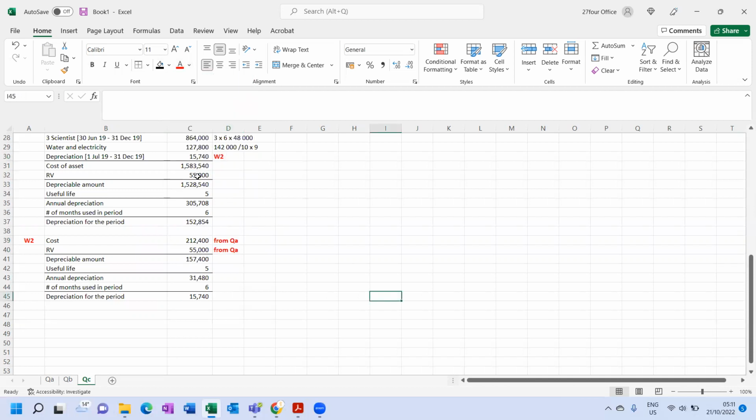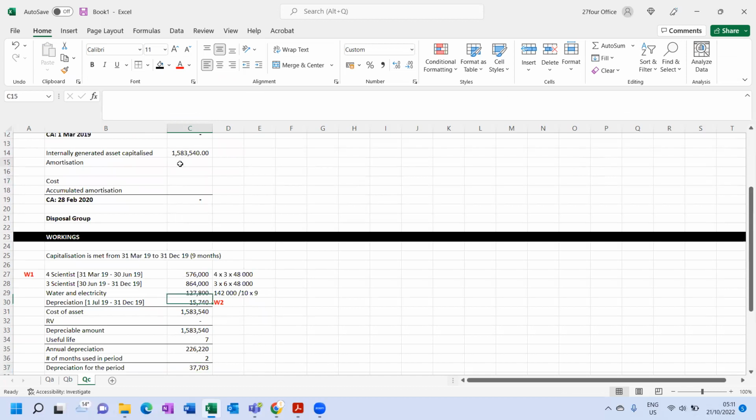Okay, so the depreciable amount is 0.7. And the number of months used, 2 months, because it was ready for use on 1 Jan, so it's January and February, 2 months. Okay, so there we go.